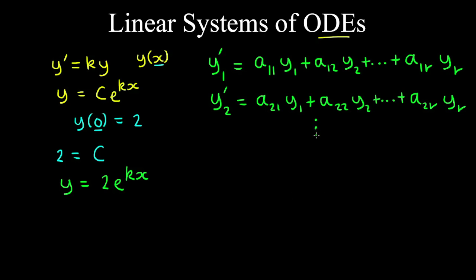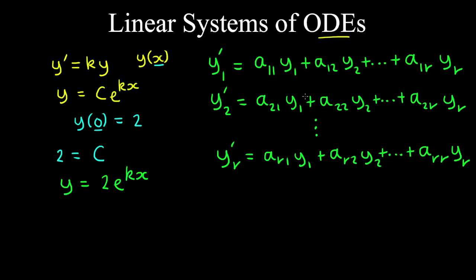And this continues up to the rth differential equation. So we have a constant ar1 by y1 plus another constant ar2 by y2 and so on up to arr by yr.